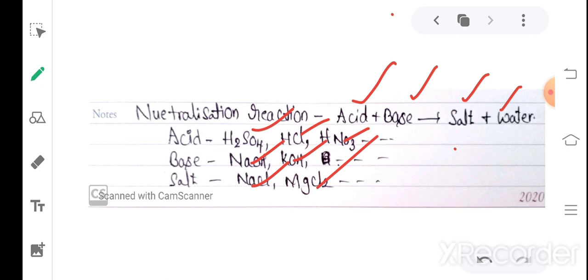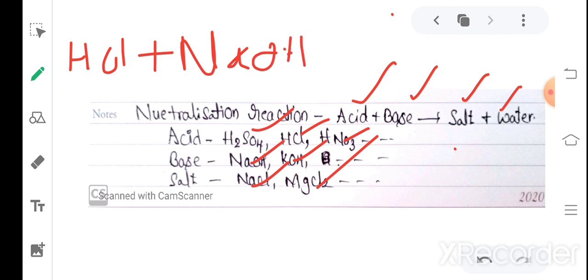Let me check when HCl is reacting with NaOH. HCl dissociates into H plus and Cl minus ions, and NaOH dissociates into Na plus and OH minus ions.